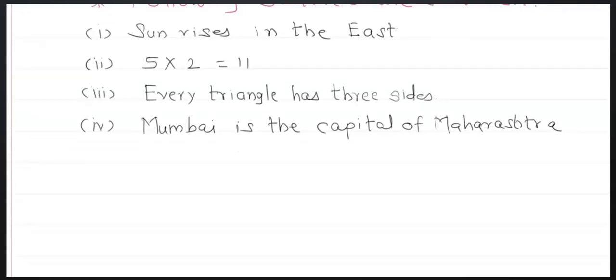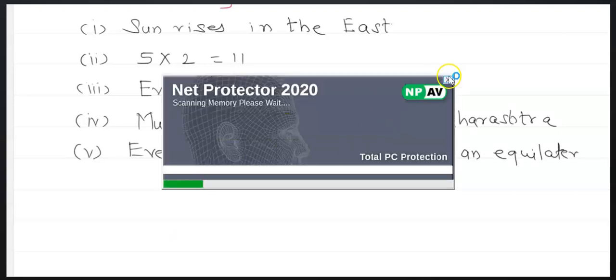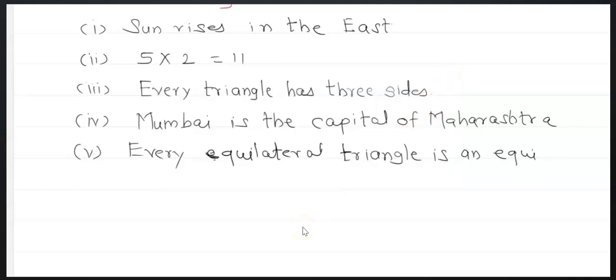Yes, this is a statement and its truth value is T. Every equilateral triangle is an equiangular triangle, meaning that each angle is the same.